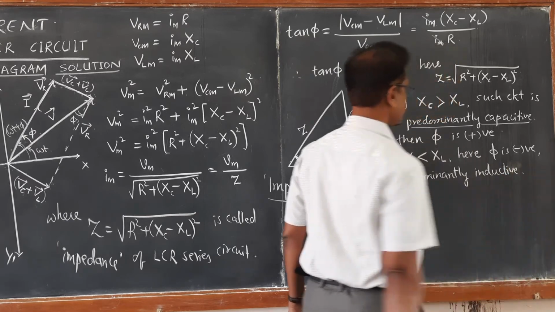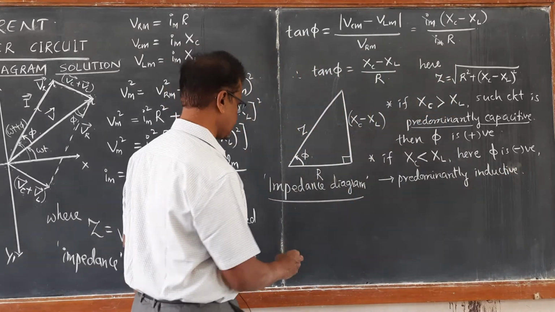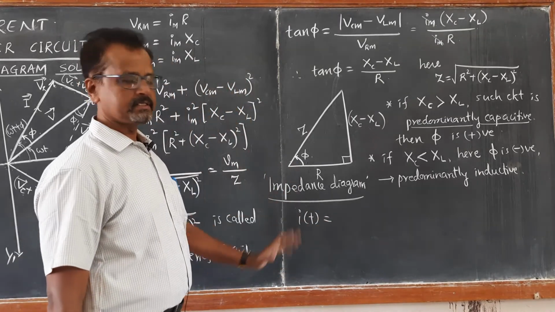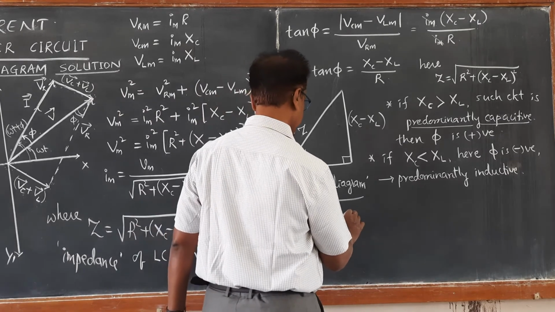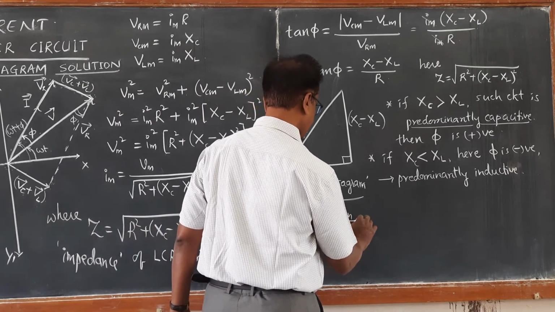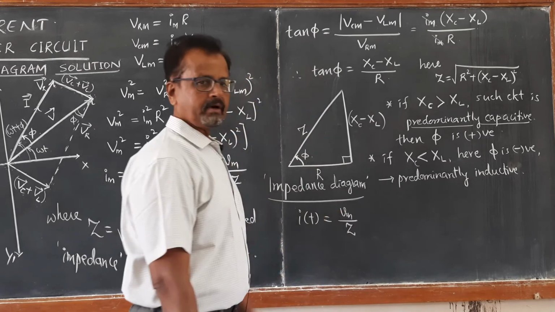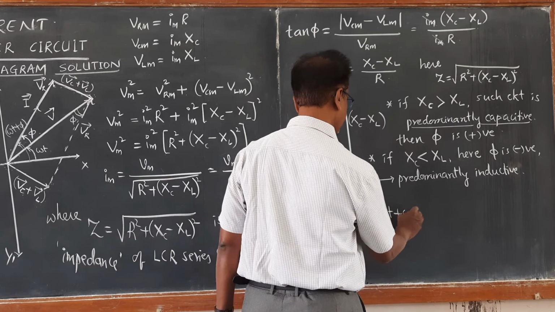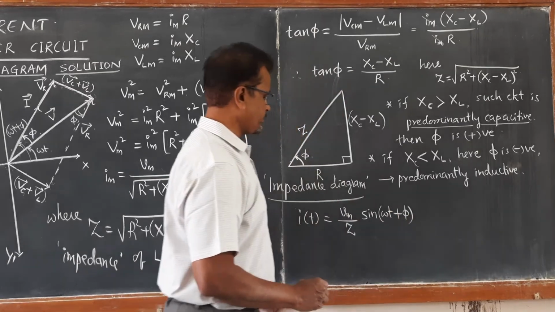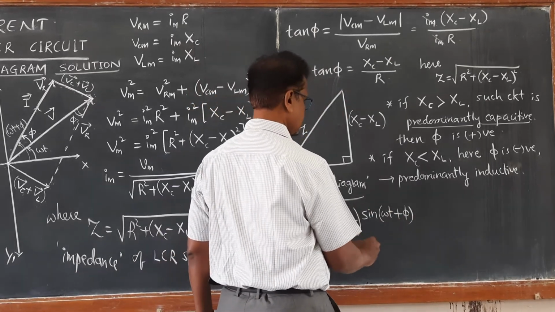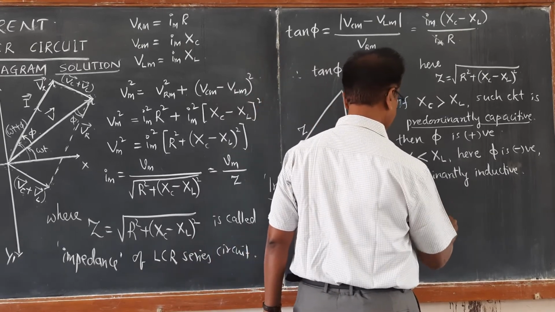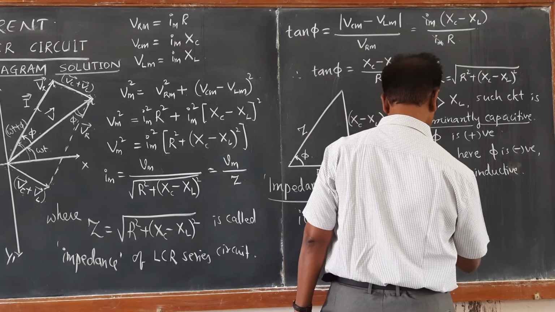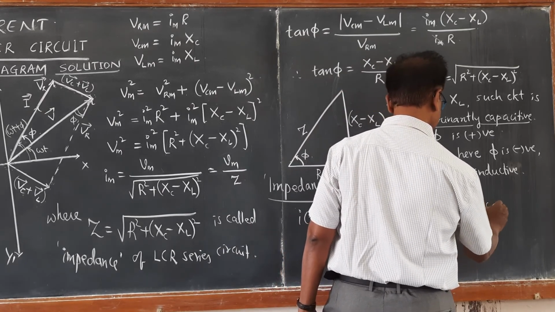Finally, we got the solution for the instantaneous current IT in the LCR series circuit as Vm divided by Z into sine omega t plus phi, where Vm by Z is Im, the peak value of current, into sine omega t plus phi.